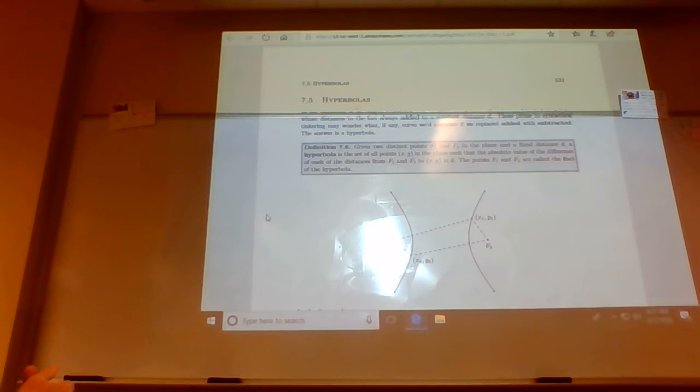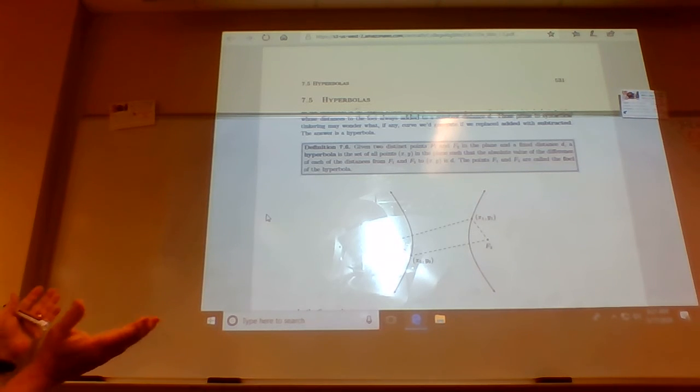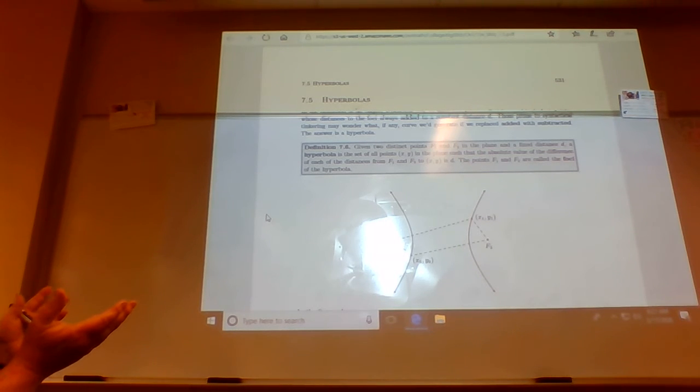So given two distinct points, two focus points again, and a fixed distance d, a hyperbola is going to be a set of all points in the plane such that the absolute value of the difference of each of the distances from f1 and f2 to x comma y is d. So in other words, these distances stay the same all the way through, but it's differences instead of sums.